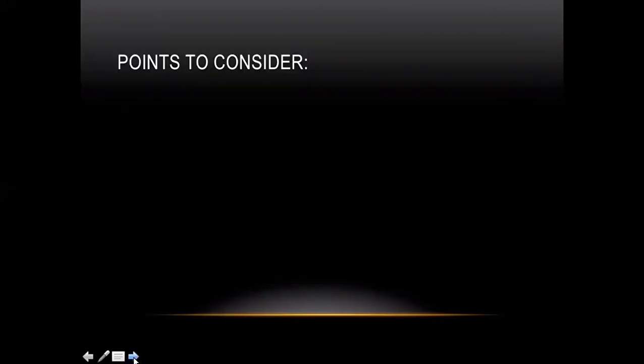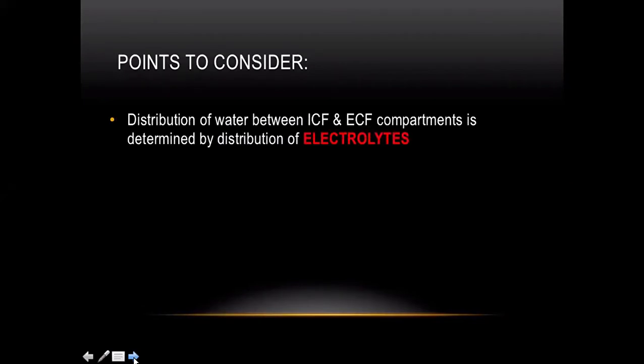Okay? So there are points to consider. Number one, the distribution of water between the ICF and ECF compartments is determined by the distribution of electrolytes. As of this time, you know what the electrolytes are. For the ICF, it mainly consists of potassium, magnesium, and phosphate.